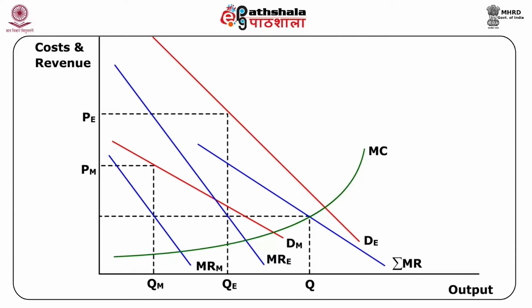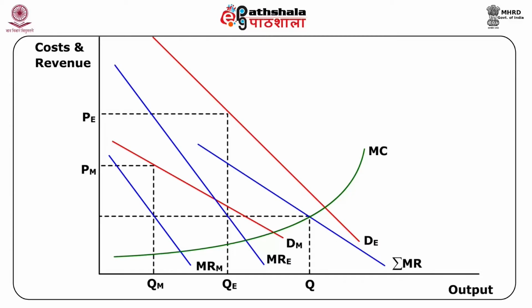DM is more elastic than DE. MRE and MRM represent the marginal revenue curves of the evening and weekend and morning weekday moviegoers respectively. MC represents the common marginal cost curve for the theater.